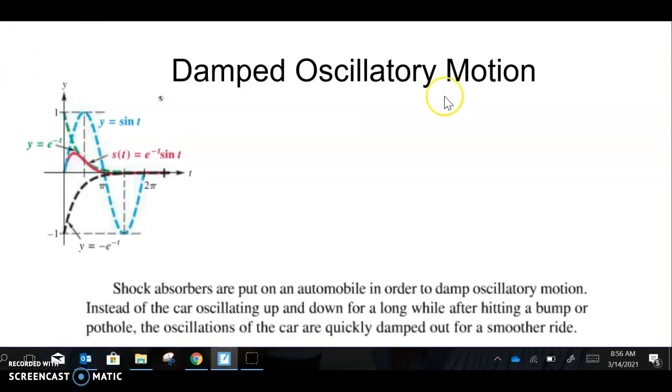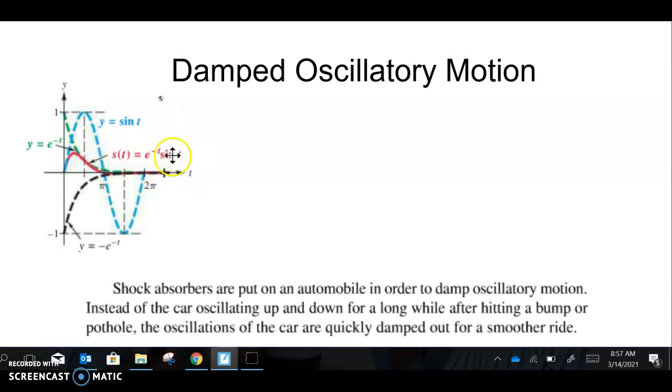Damped oscillatory motion is just something we're not going to do. I wanted to show it to you though, and I want you to understand what that word damp means. I just think of shock absorbers. When you hit a bump, your car doesn't keep going up and down forever. It gets slower and slower. It's actually damped by the exponential function e.